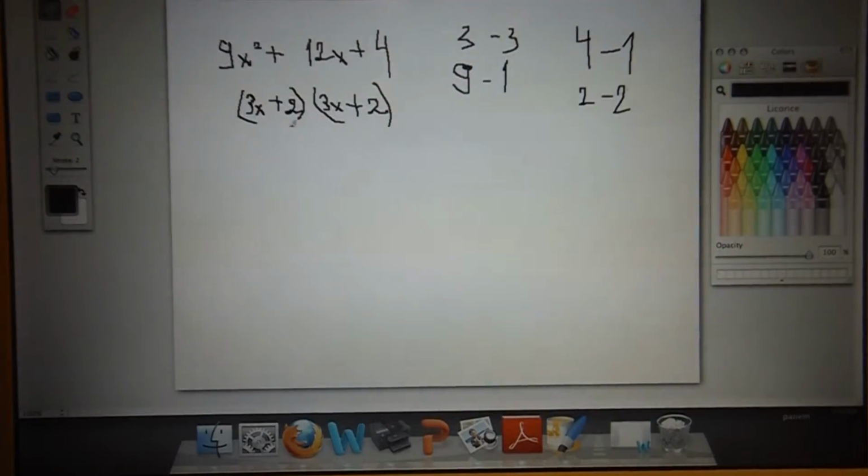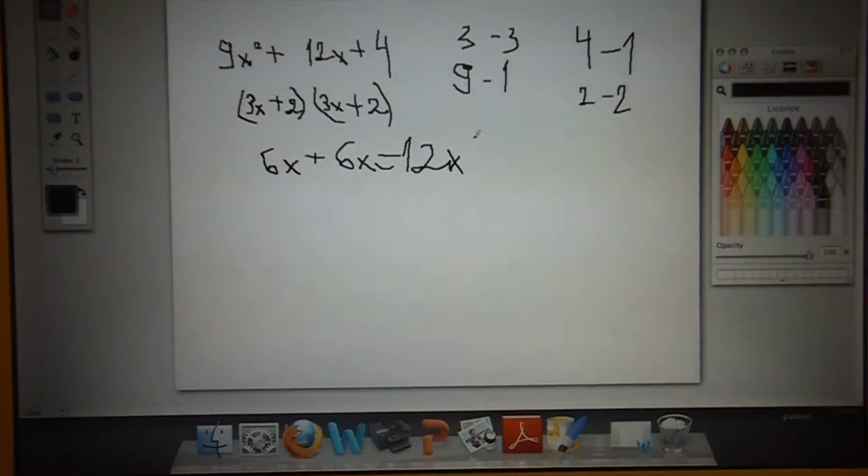Does 3 times 2 equal 6x? And this 3 times 2 equals 6x? And when you add them, doesn't it equal 12x? Yes, it does. Believe it or not, it does.